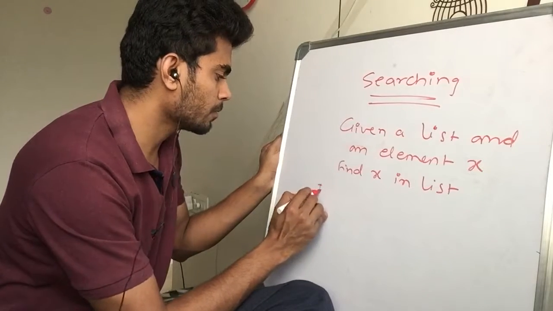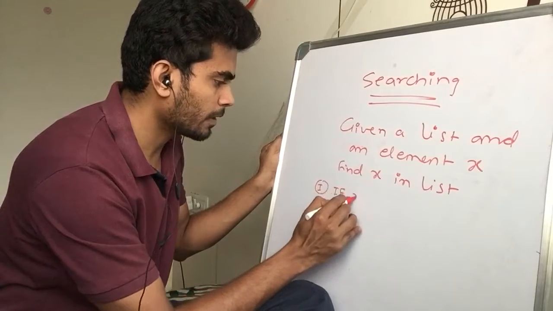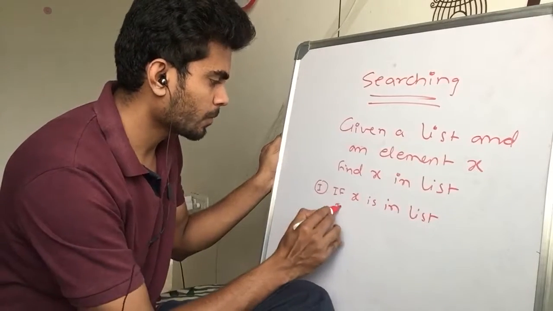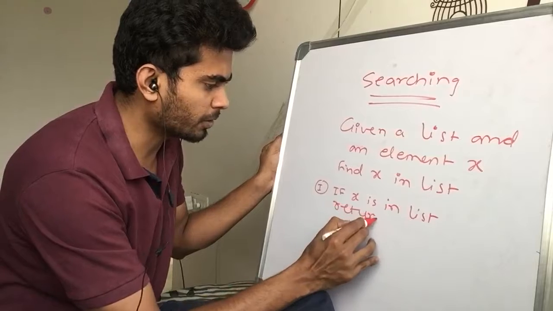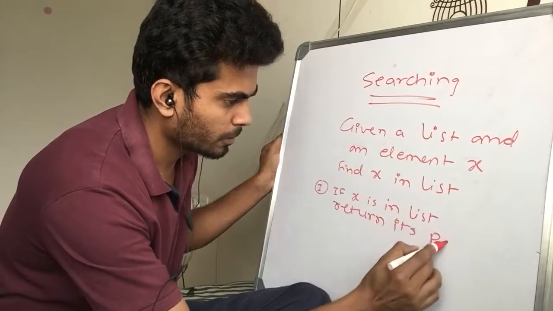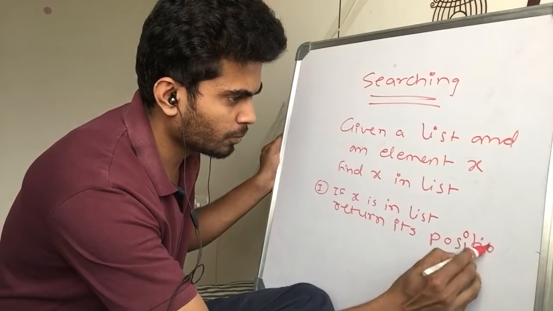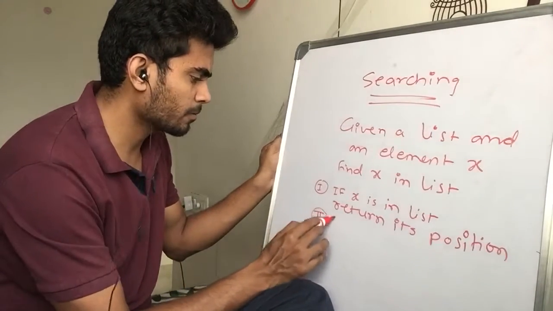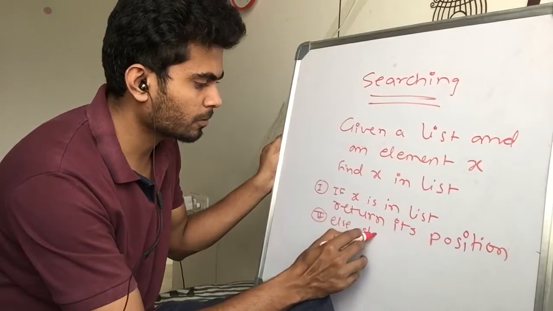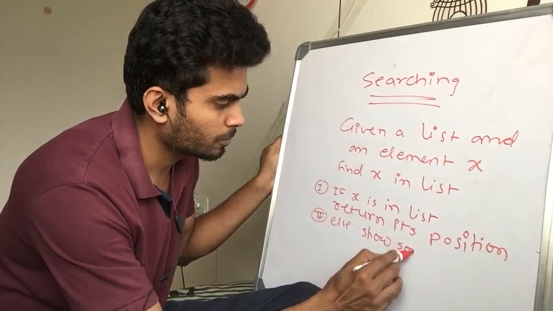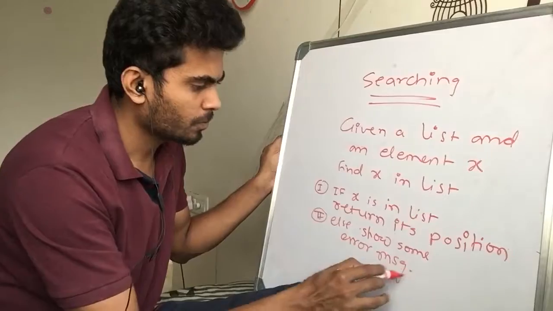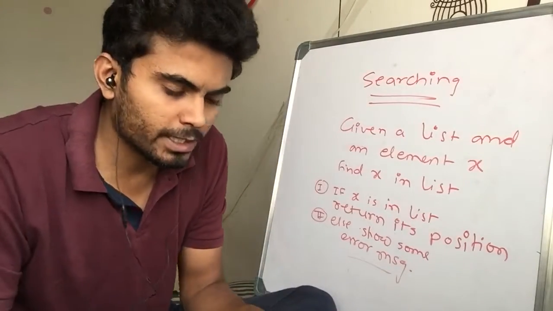If x is in the list, return its position, else show some error message.